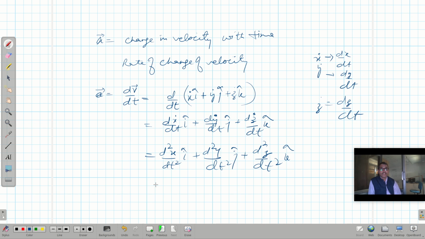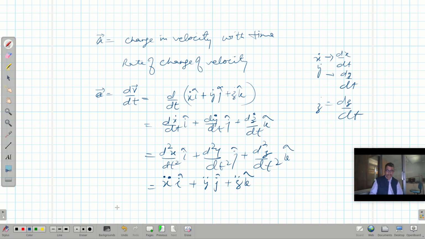It is a second order derivative. In short notation, it is x double dot i cap, y double dot j cap and z double dot k cap, right?